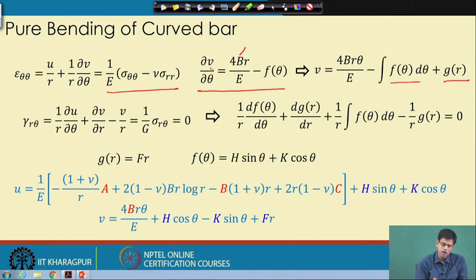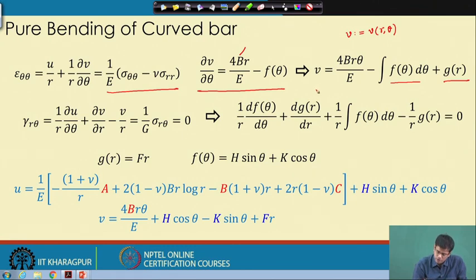Now, see, v is also a function of r and theta, and we are integrating with respect to r and then with respect to theta. So, the integration constant will be a function of r, a g function of r.